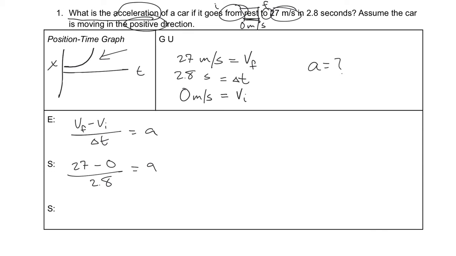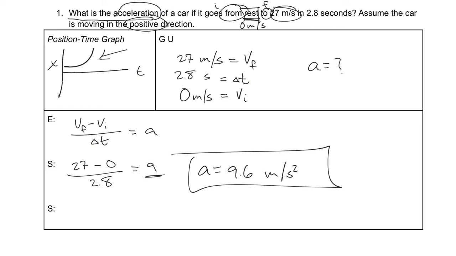You just have to do 27 minus 0 divided by 2.8. And I guess that mine here looks like it's equals 9. That's not an equals 9, that's an equals a. Let me go ahead and type that in on a calculator really quick. 27 divided by 2.8 is an acceleration of 9.6, and the unit for acceleration, meters per second squared.